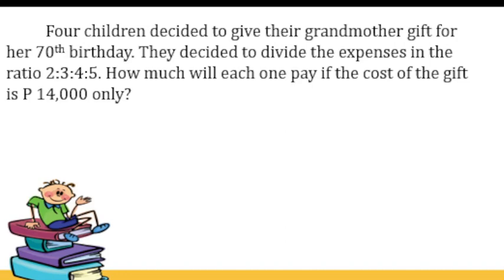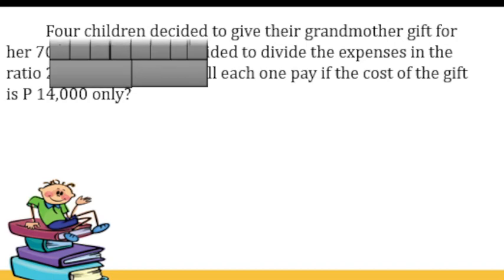So they decided to divide the expenses in the ratio of 2:3:4:5. How much will each one pay if the cost of the gift is 14,000? So meaning 4 children will divide 14,000 proportionately.